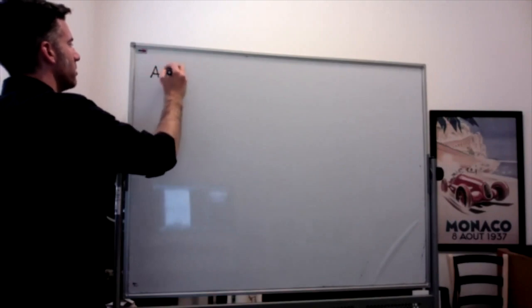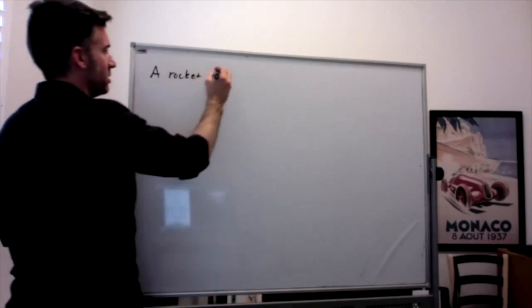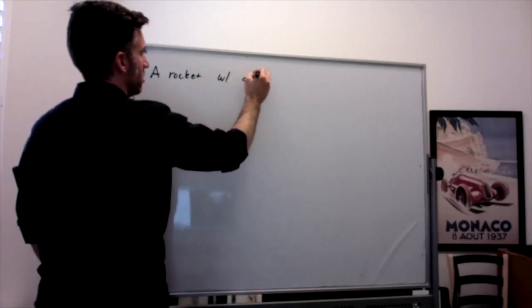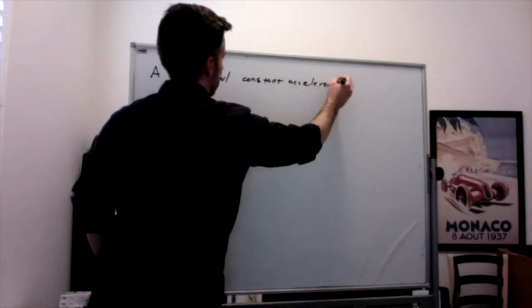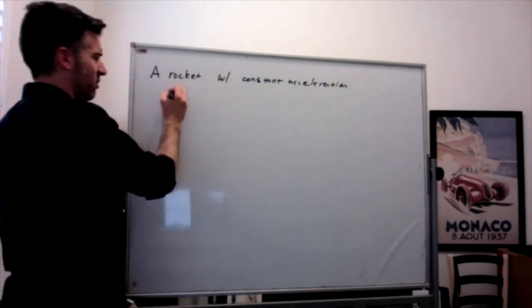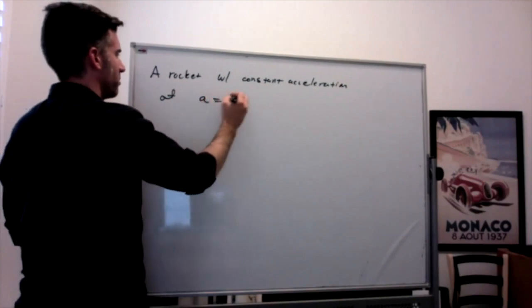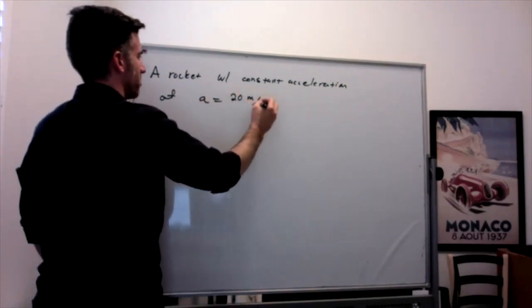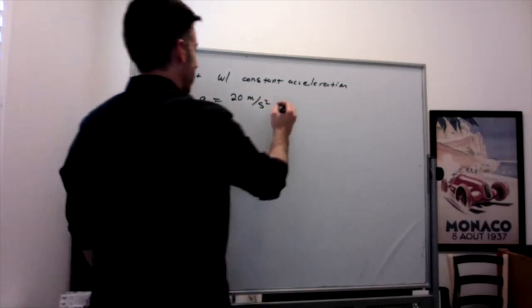A rocket takes off with a constant acceleration of 20 meters per second squared. How high is it after 1 minute?